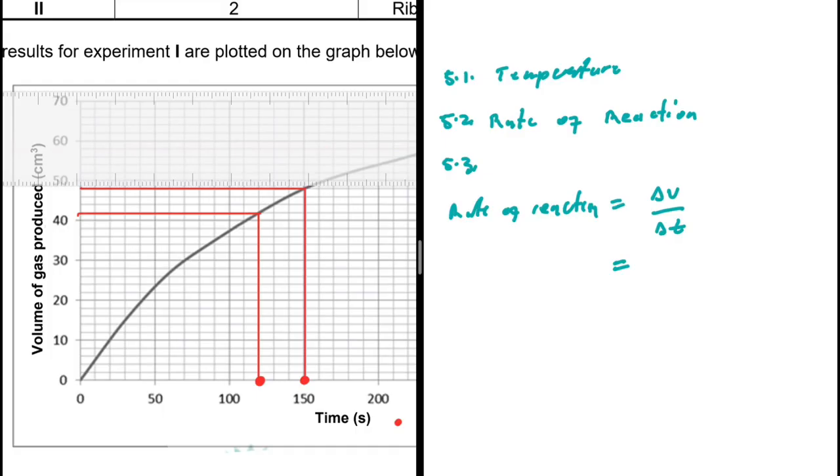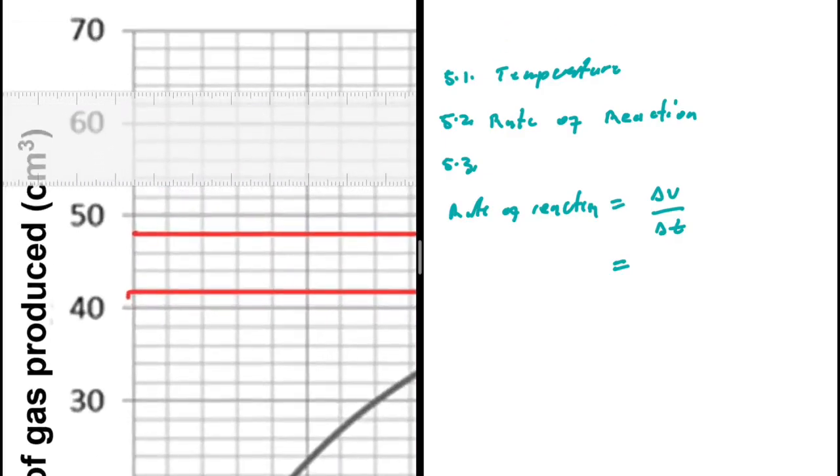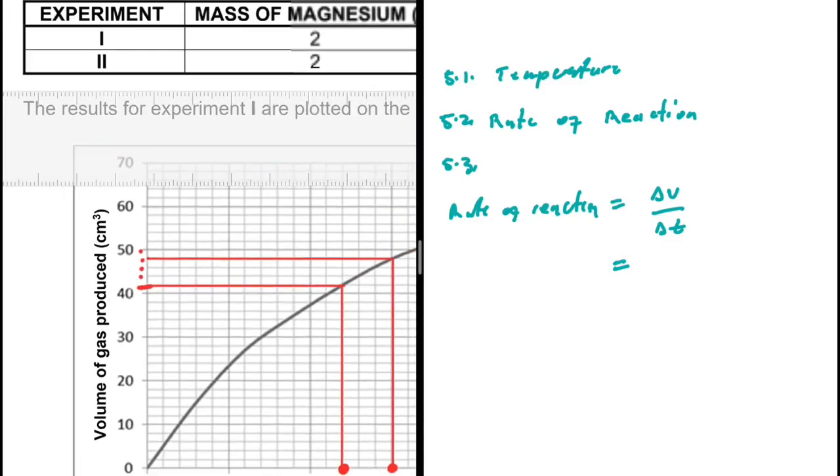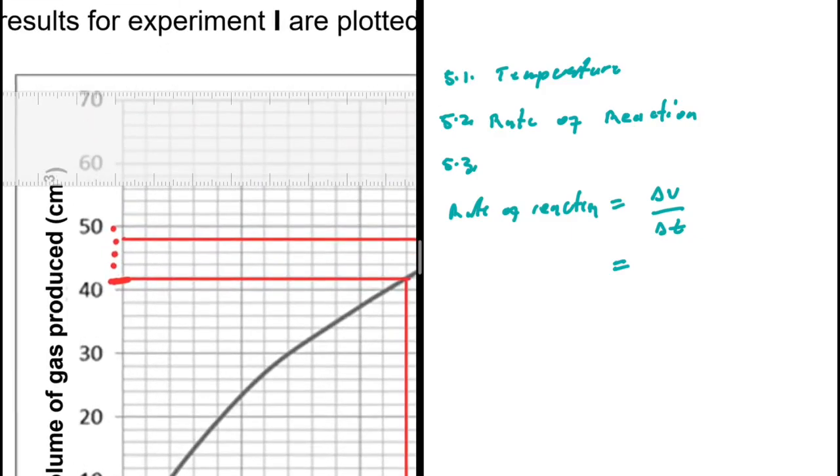So let's go ahead and find the gradient. We need to read off these values here. So from 40 to 50, we have 5 blocks, so it means that one block is 2 units. This will be 42, 44, 46, 48, 50. So it means that at 120 seconds, we have 42, and at 150 seconds, we have 48.